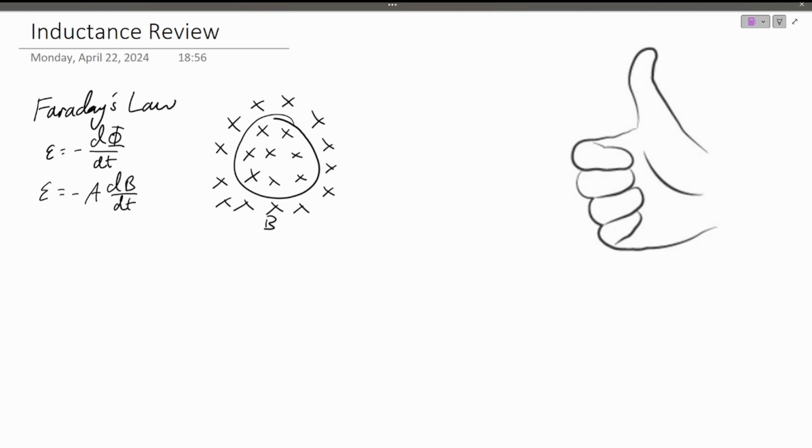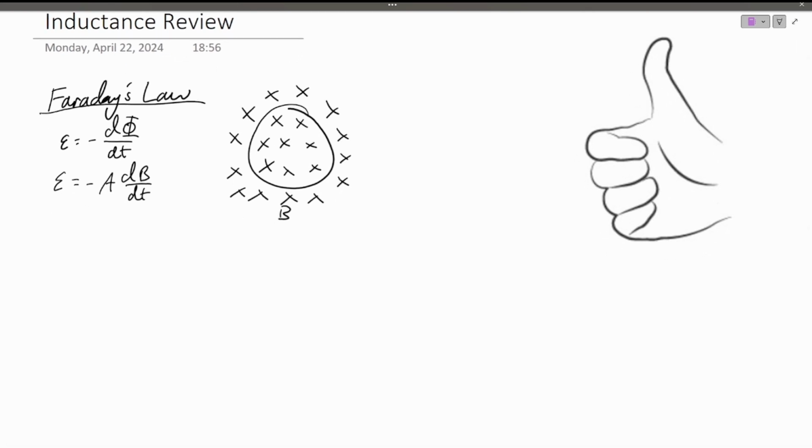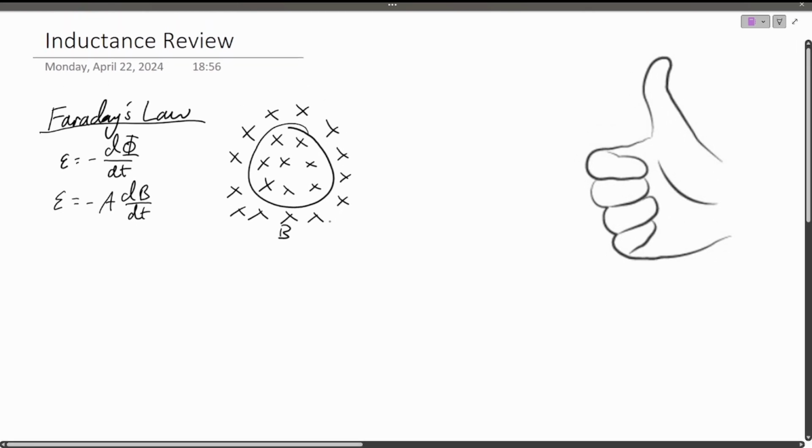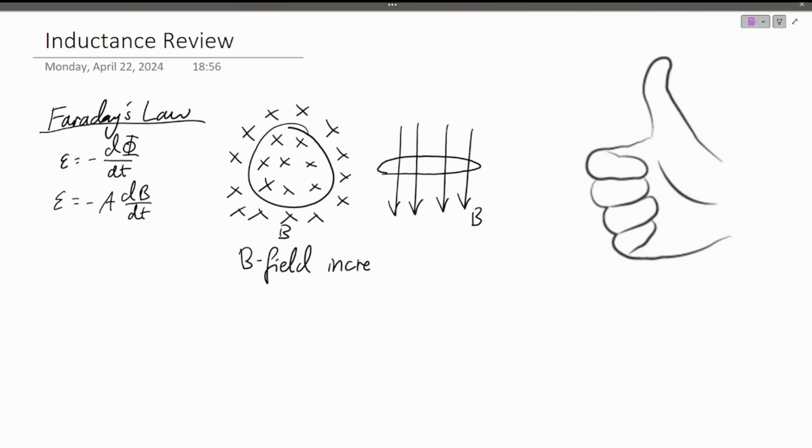And then for direction, you use Lenz's law, which all it tells you is the direction. So for this example, I'm going to draw another view rotated. So now the coil is like so, and our B field is going like so. Let's say the B field is increasing.